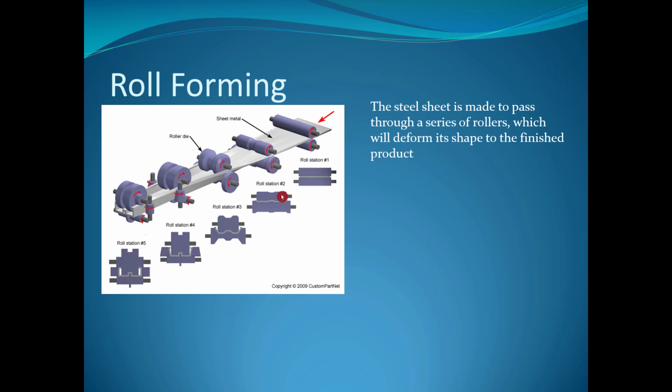These small figures show the location-wise changes that happen to the steel sheet as it passes through a series of rollers which deform its shape to the finished product. It's called roll forming, where we have a series of rollers.